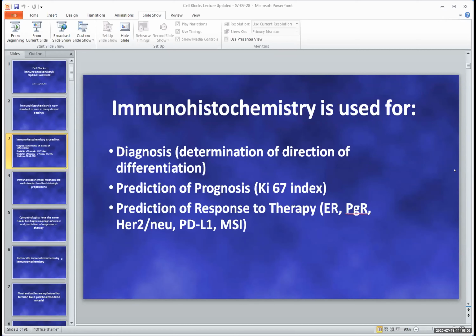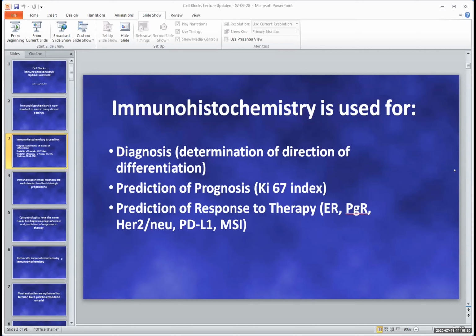In other words, they want to know that it's an adenocarcinoma from the lung or an adenocarcinoma from the gastrointestinal tract. And by using immunohistochemistry and subsequently immunocytochemistry, we can, in most cases, come to a very specific type of malignancy present, organ of origin, and then even in that, usually the subtype.